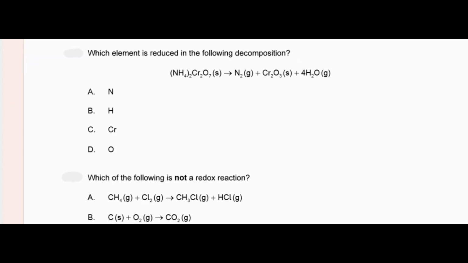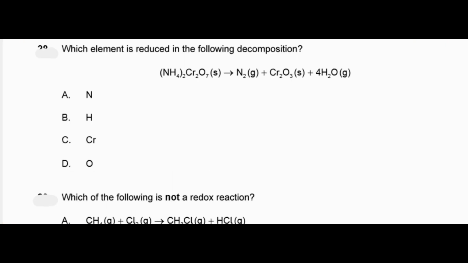Which element is reduced in the following decomposition? Let's zoom in a little bit. So, first compound, we've got the ammonium ion. That will be +1, but in total will be +2. We've got the oxygen, which is -2, but in total will be -14.